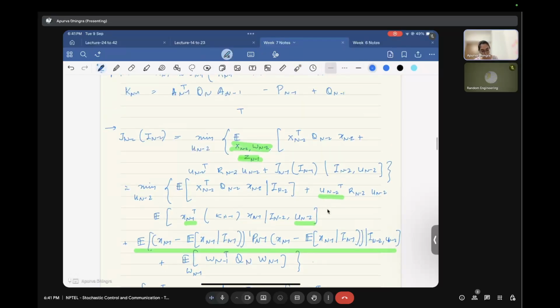Notice what happened here. What is I n minus 1 as compared to I n minus 2? What is the difference between these two? The only difference is there is a z n minus 2 here, the z n minus 1 actually, the realization.